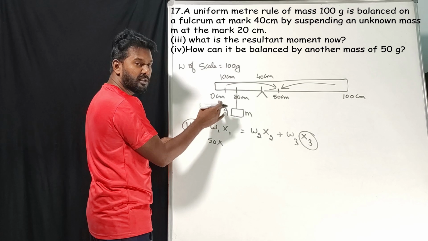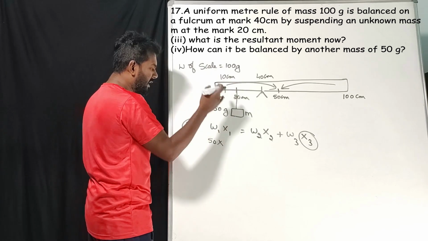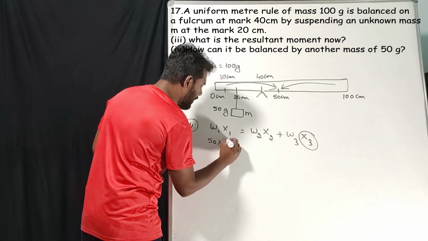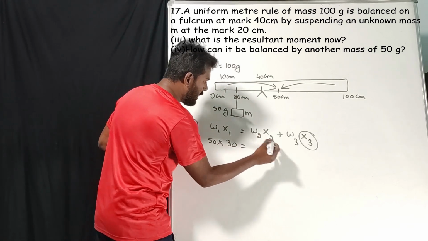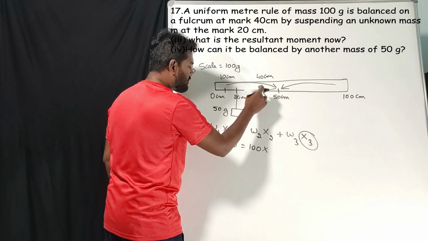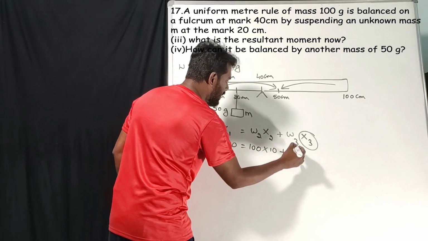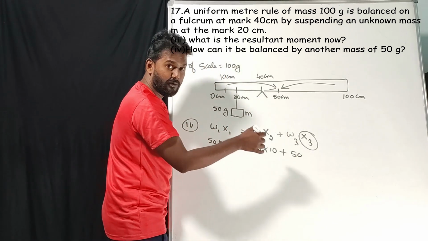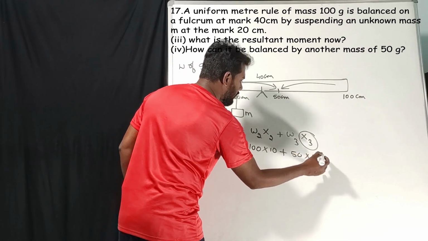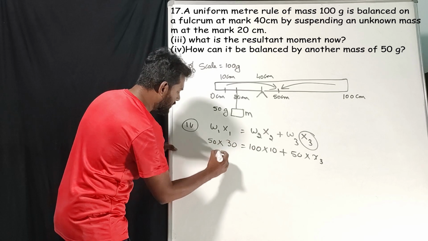After moving this 50 gram to 10 centimeter, we have to calculate from 10 to 40, that is nothing but 30, is equal to W2 100 into x2, again 50 minus 40, 10, plus W3, that is what they are providing, 50 gram, into x3, we don't know, we are going to find that.